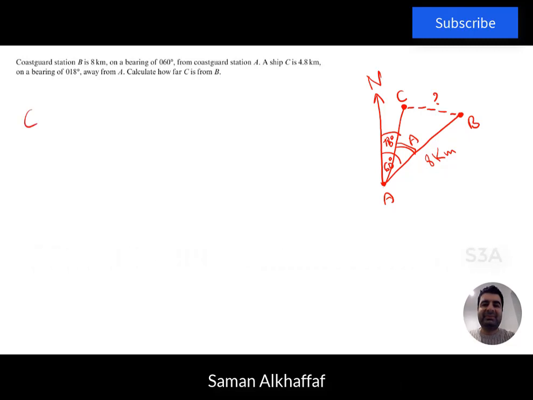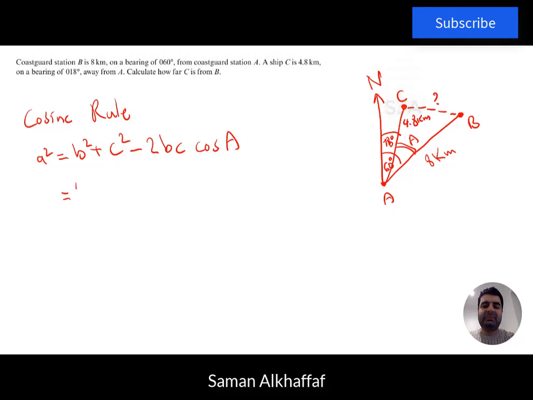Now we need to find this angle, and also this side. We can use the cosine rule, a squared equals b squared plus c squared minus 2bc cosine A. We know that c is 4.8 kilometers. So a squared would be 4.8 squared plus 8 squared minus 2 multiplied by 4.8 multiplied by 8 cosine of the angle.